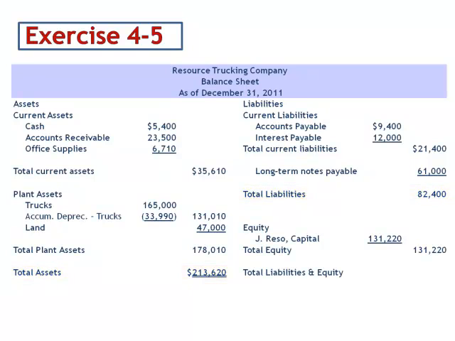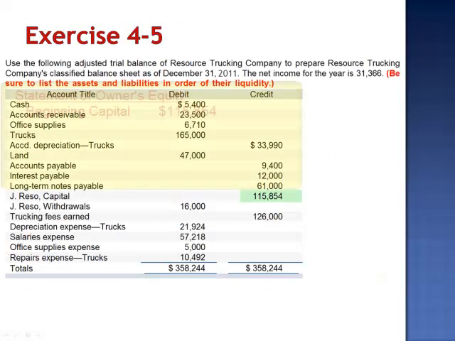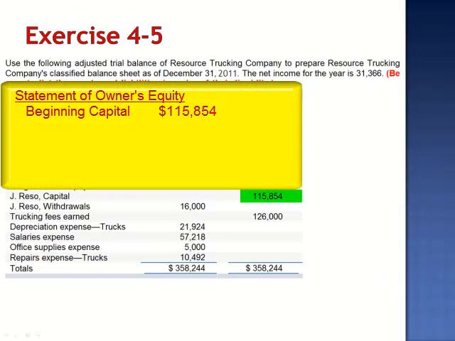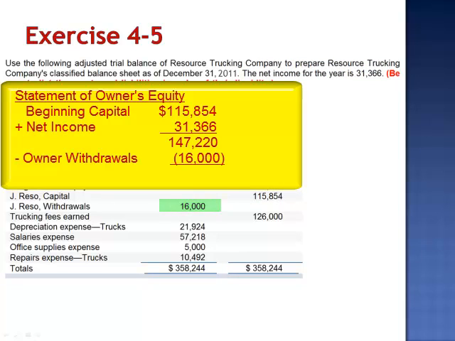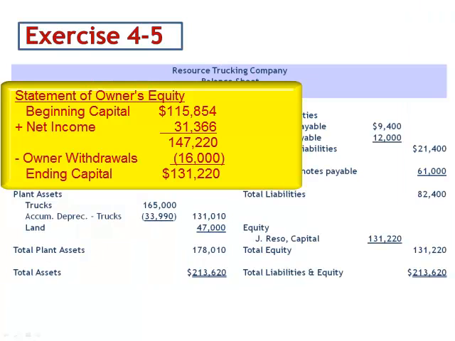This would complete the accounting equation, total assets equals total liabilities and equity. But what I'd like to show you now is a way to check the equity balance. We start with the capital balance, $115,854. We add net income, $31,366, and subtract Resource's withdrawals. That confirms that Resource's capital balance is $131,220.